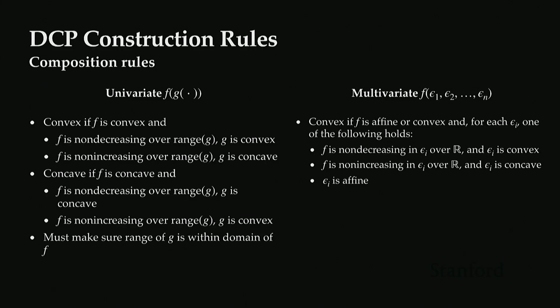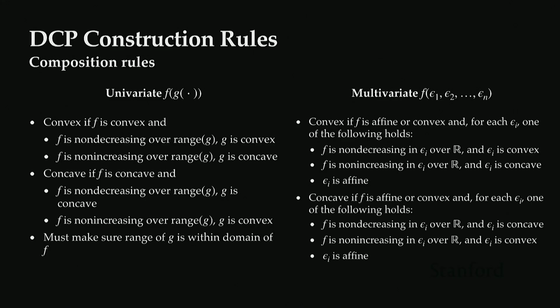So we can say that this multivariate expression is convex if f is affine or convex, and then for each of the variables, one of the following holds: either f is non-decreasing in that variable and that expression is convex, or f is non-increasing in that variable and that expression is concave, or that expression is just affine. And a similar set of rules for concave. And if all of them are affine, then you can just say the resulting thing's affine.